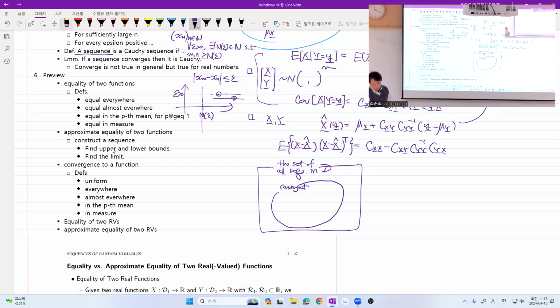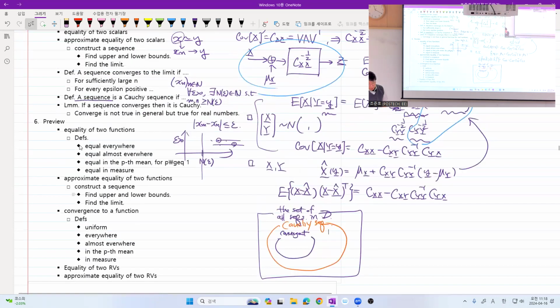And then there is a so-called set of Cauchy sequences that includes the convergent sequences. So if the sequence is convergent, then it's a Cauchy sequence, but the converse is not true. Got it? But if that D is the real numbers, then they are the same.